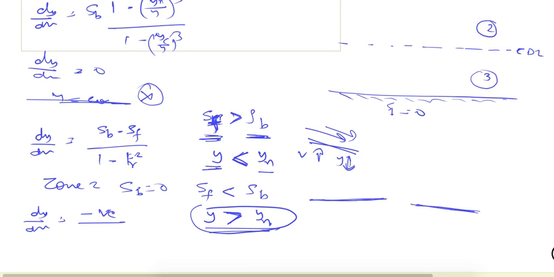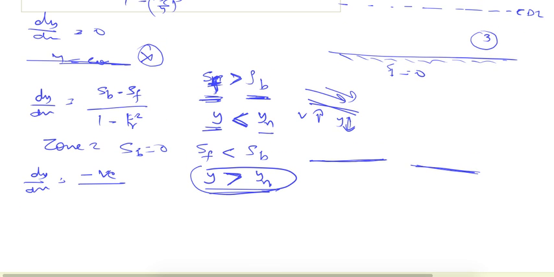In the zone 2, we know the normal depth is somewhere at the top. In the zone 2, y is less than yn, but y is greater than yc. So when the depth of flow is greater than the critical depth, this is the case of subcritical flow.